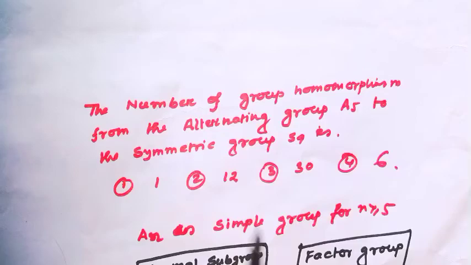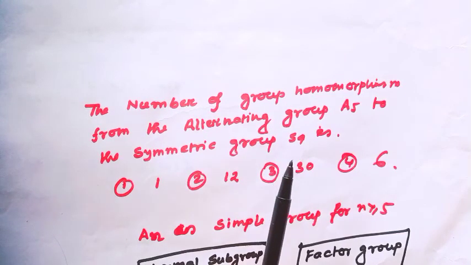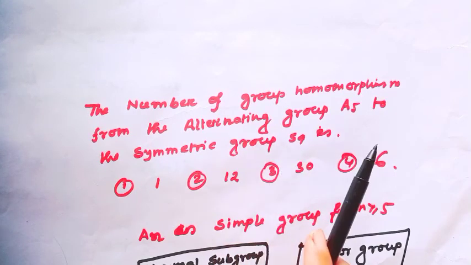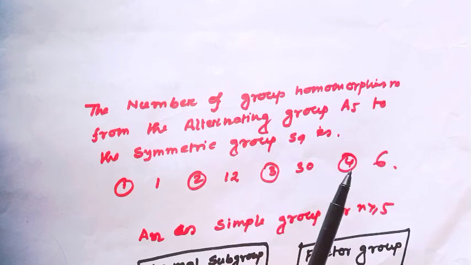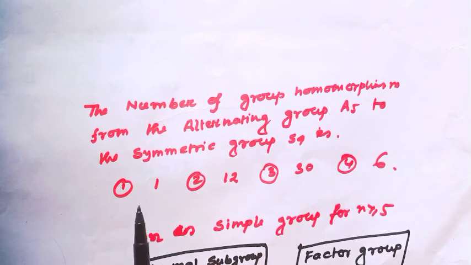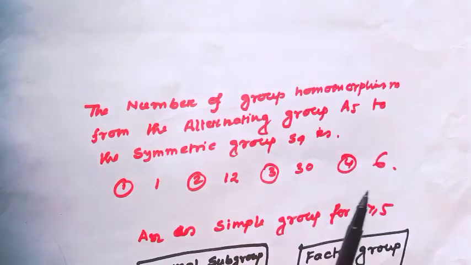Okay? Now let's see one example which came in the CSIR NET exam, and this is very useful and very easy. The number of group homomorphisms from the alternating group A5 to the symmetric group S4 is: option 1, 1; option 2, 12; option 3, 30; option 4, 6.